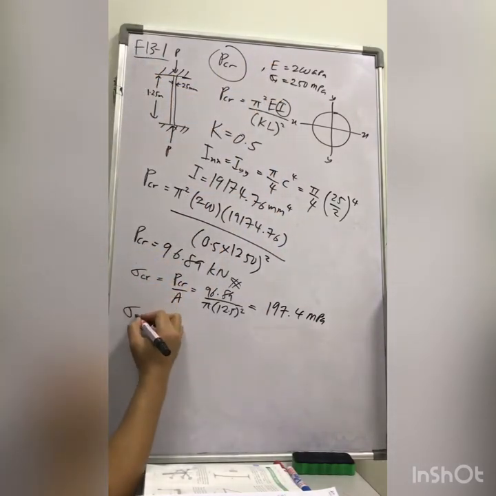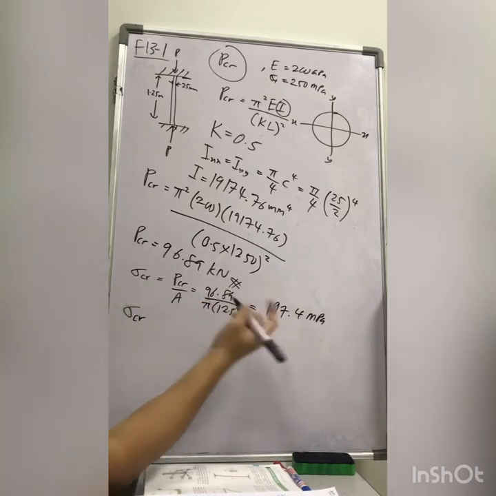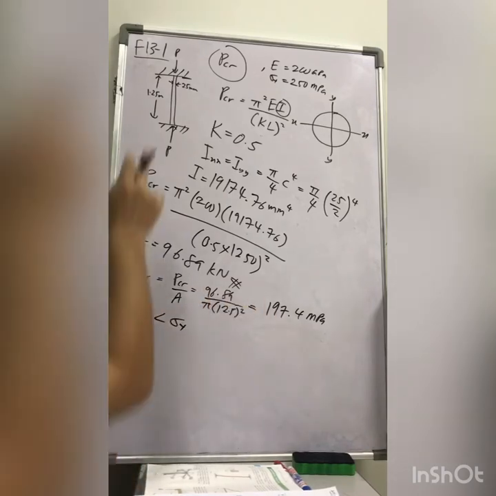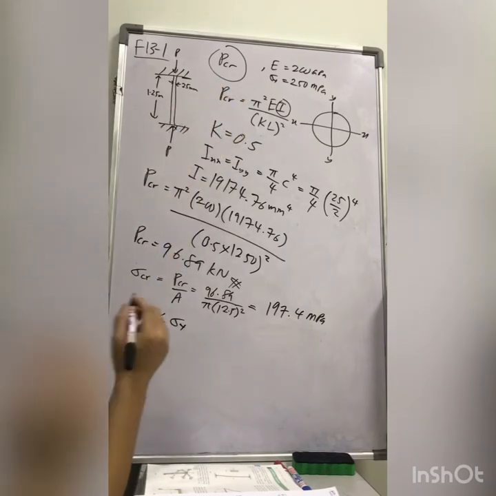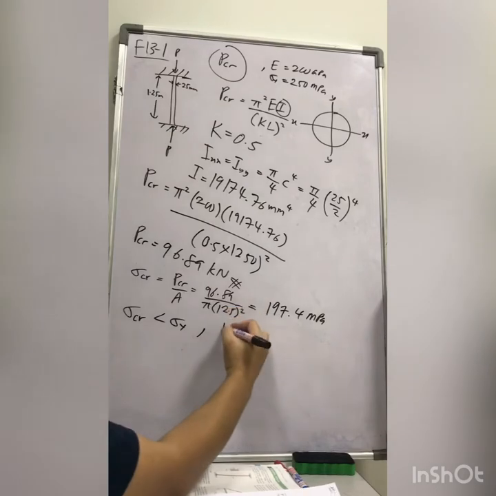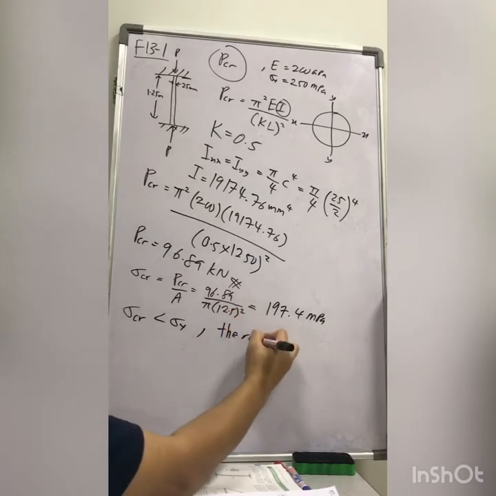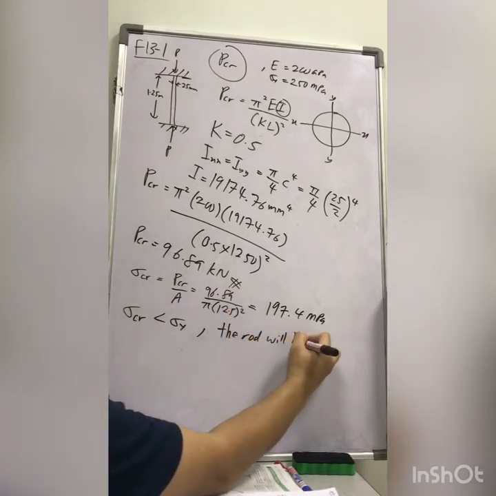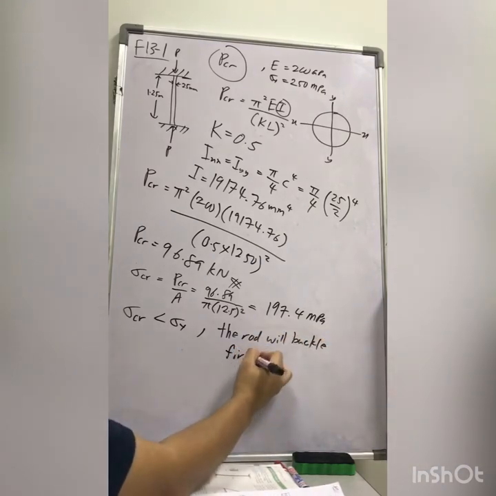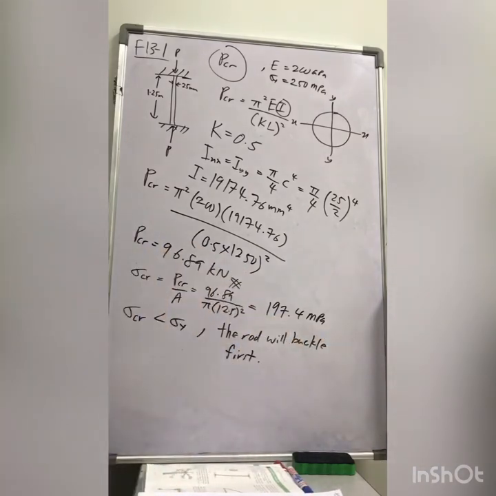Sigma critical, which is this 197, is less than the yield strength of the material, which is 250 megapascal. So this rod will buckle first.